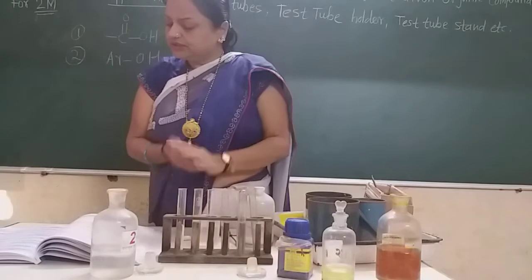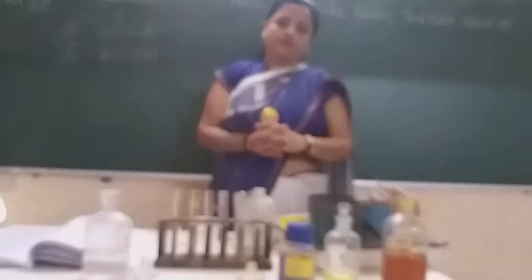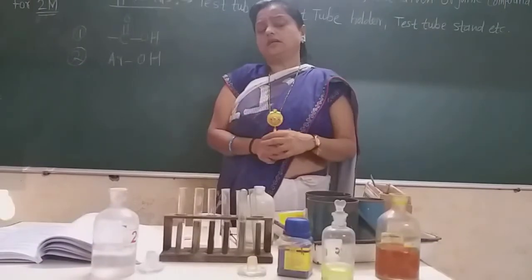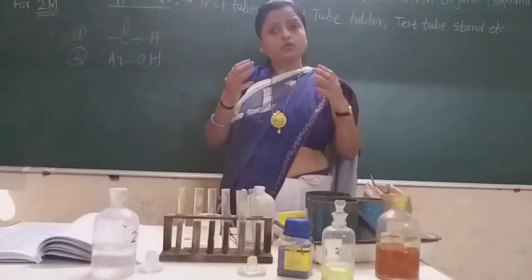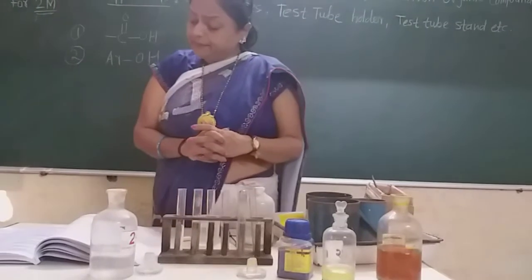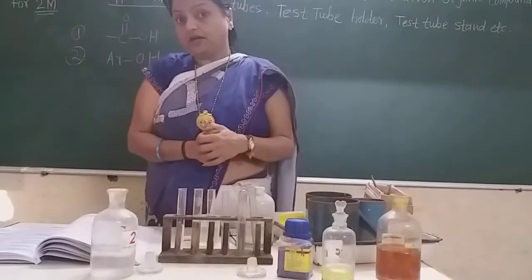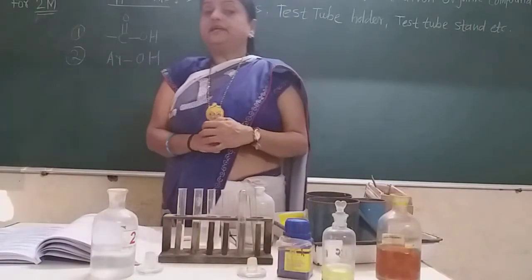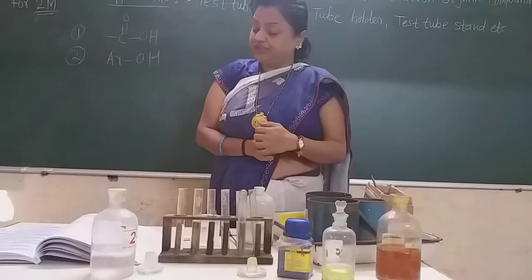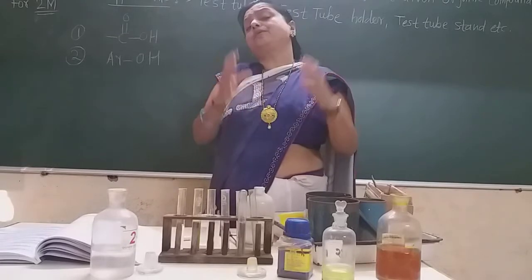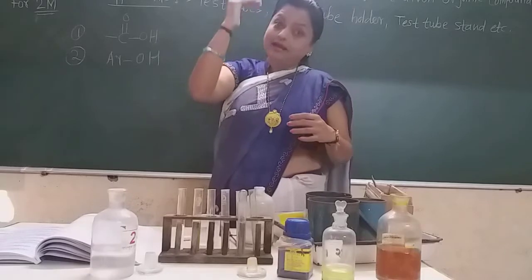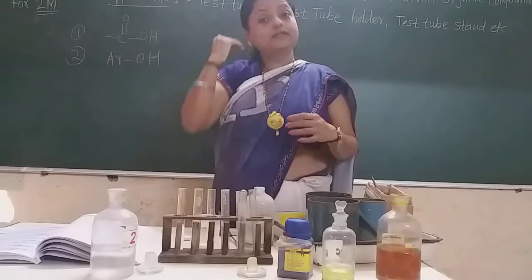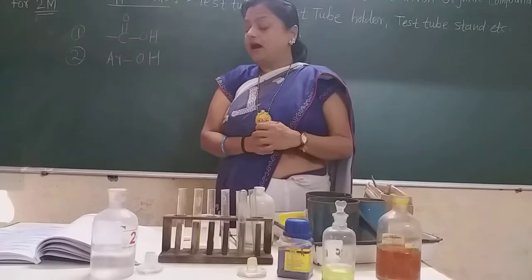Now let us do the test for the third compound. In this practical, the third compound we have to detect, if it is an aldehyde, then the aldehyde group will be present. But we have to test first the first 2 tests of acid and phenol, and then you take the third test, that of the aldehyde group.